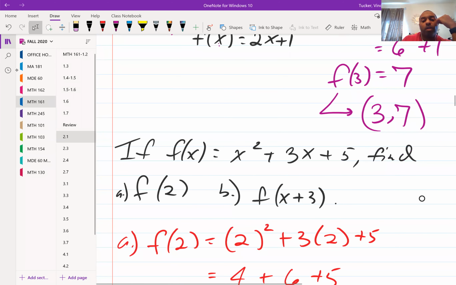All right. So f of 2 just means we're going to take 2 and plug it in where we see x. So that's right here, right here.